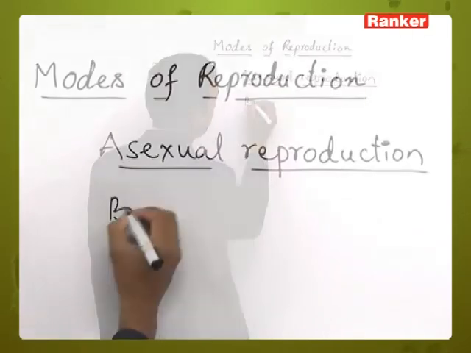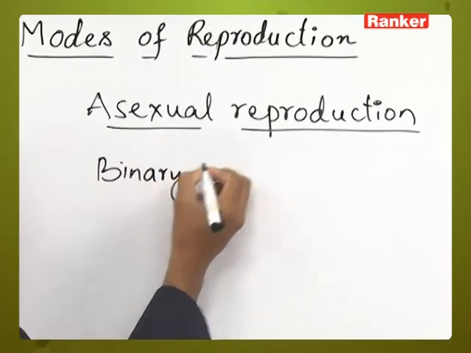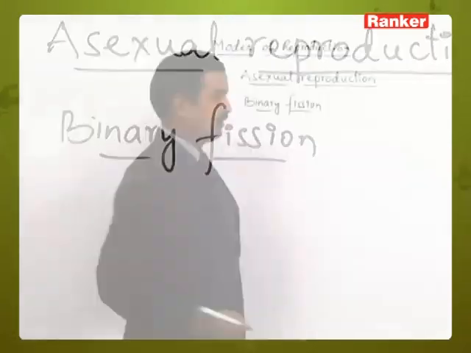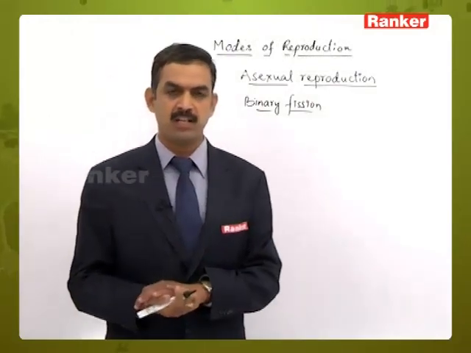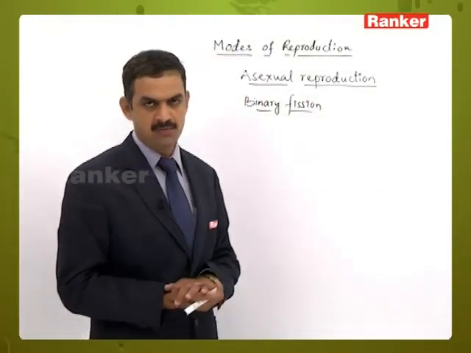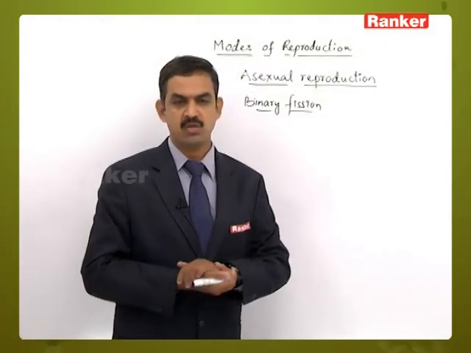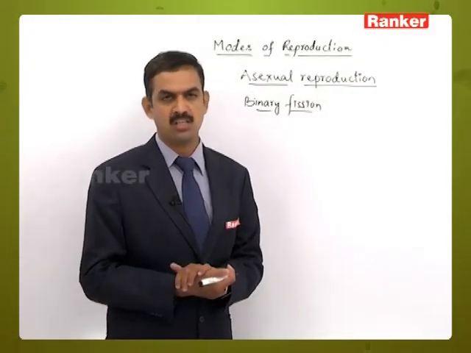One is binary fission. Fission means division of the parent organism into two equal halves, so that each half develops into a daughter plant or daughter organism.